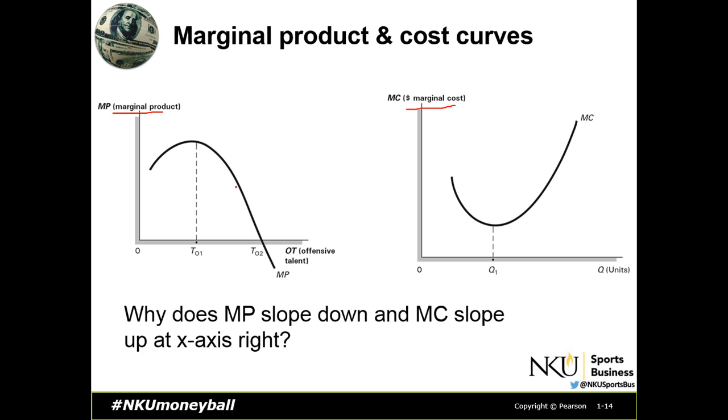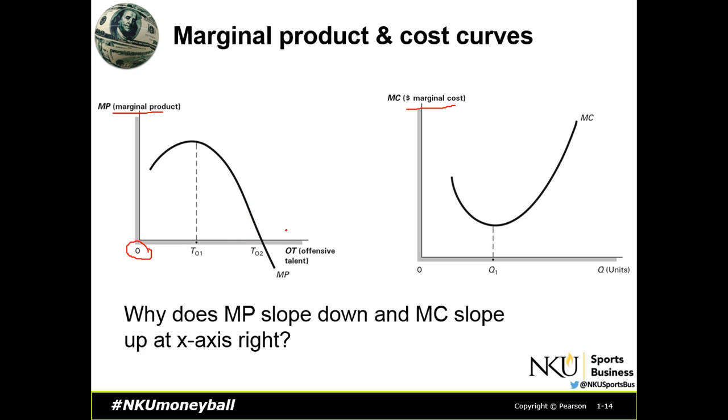And this downward slope means we're still adding talent, we're still moving to the right on this horizontal axis, but we're moving down on the vertical axis, meaning we're still above zero. It's our 0 point. We're still operating in the positive range here, so we're still adding wins as we add more talent, but we're adding less and less wins as we add additional talent.